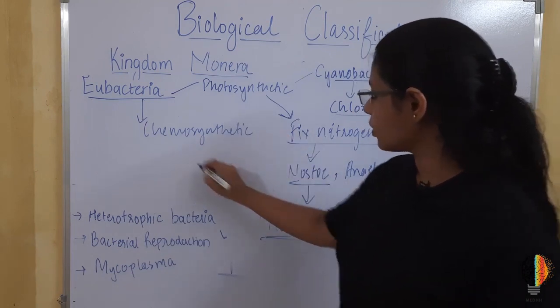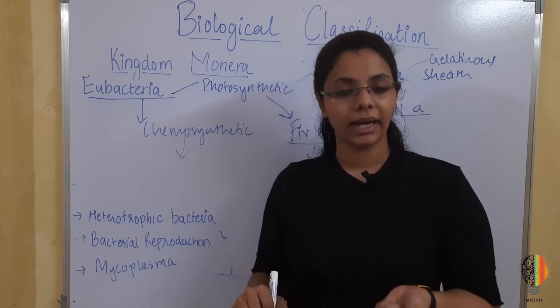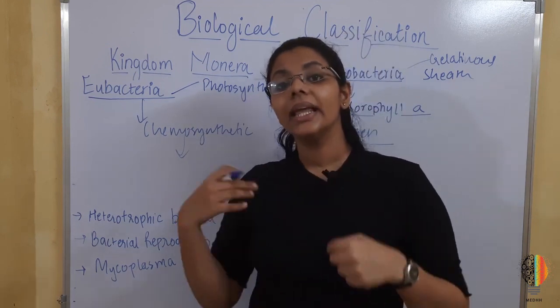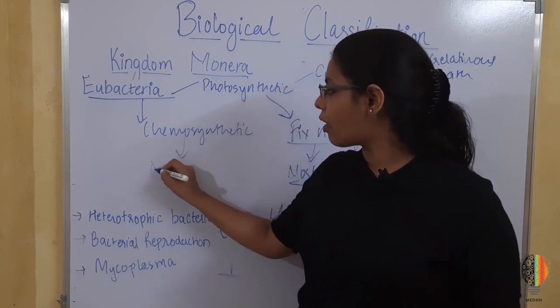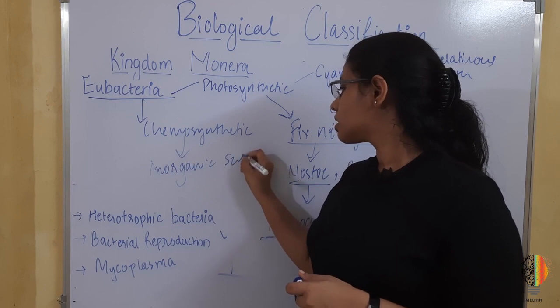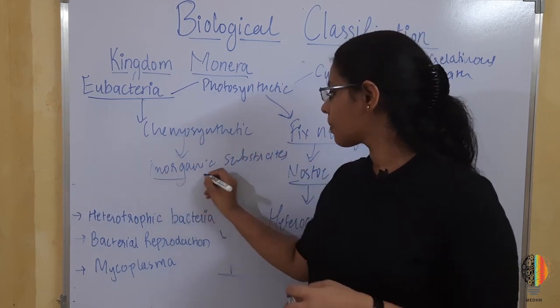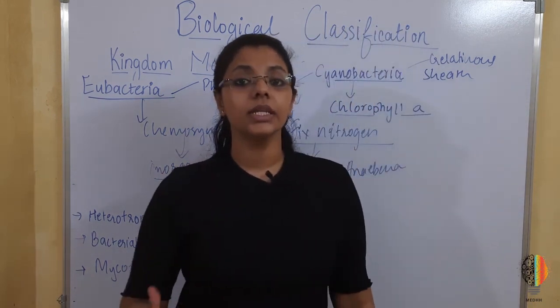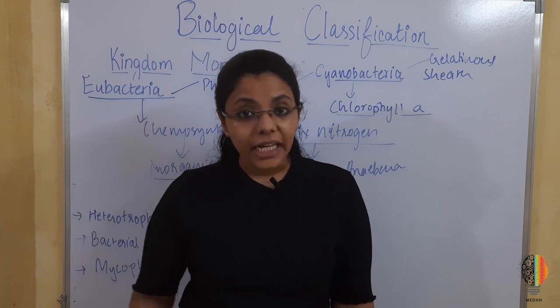Then the chemosynthetic bacteria. The chemosynthetic bacteria are bacteria that act upon inorganic substrates to get ATP, okay, for the production of ATP inside them.